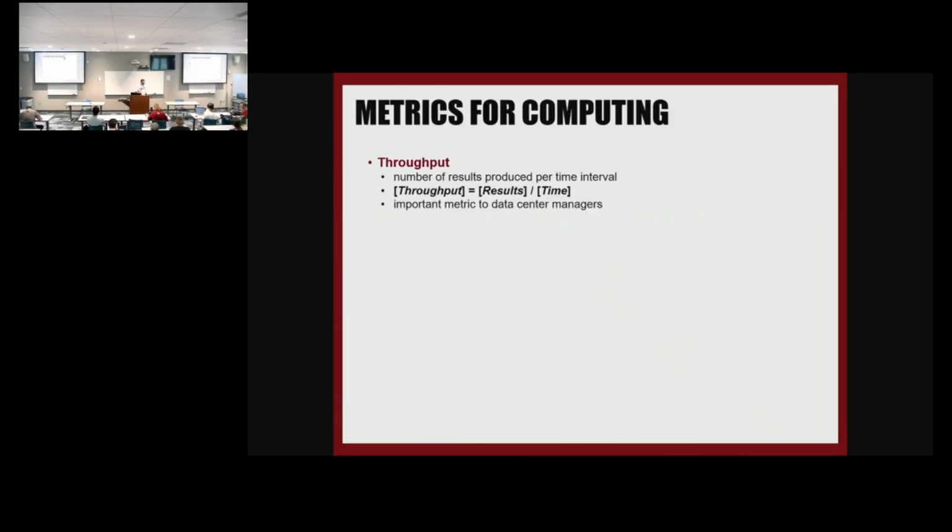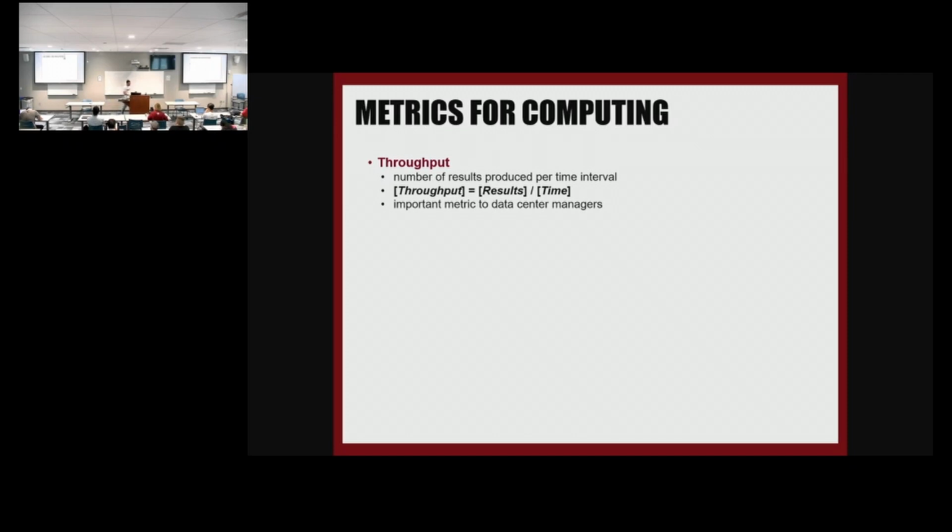All right, so when we talk about quantitative analysis, the most important thing is knowing what the metrics are and what they're used for. One of the most important metrics for evaluating processors and computer systems in general is throughput.